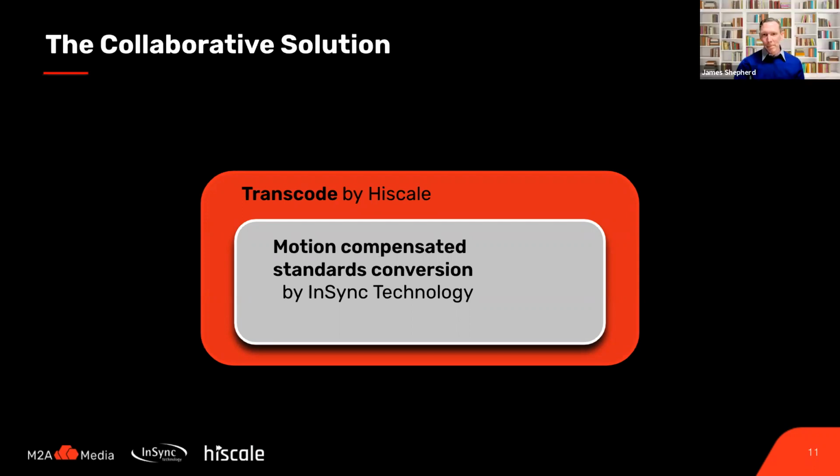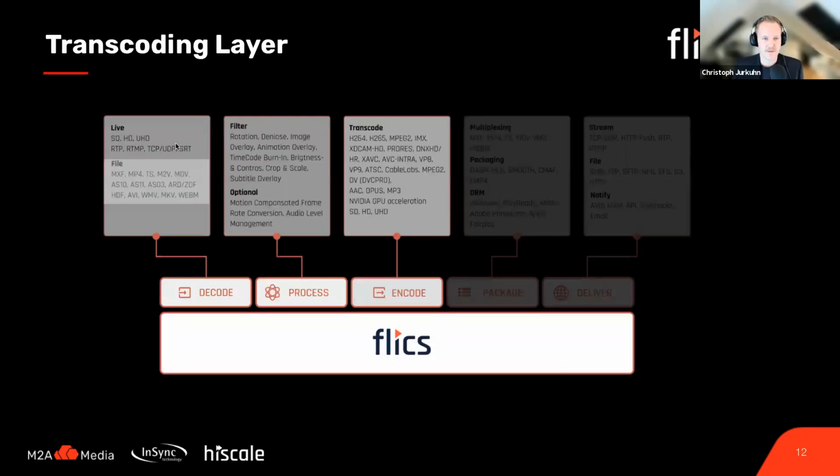So at Hiscale, we have developed our transcoding products, Flix, with broadcast customers in mind to solve scaling issues that they were usually facing using traditional on-premise static transcoding solutions. So Flix products are Linux-based Dockerized applications that can be deployed in traditional server hardware, in on-premise data centers.